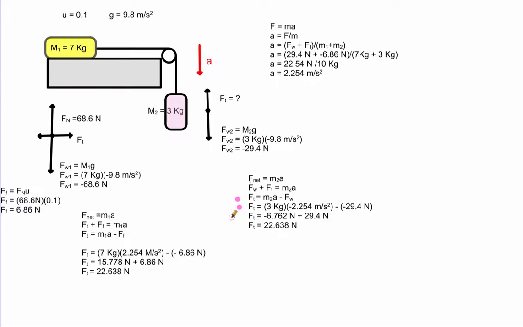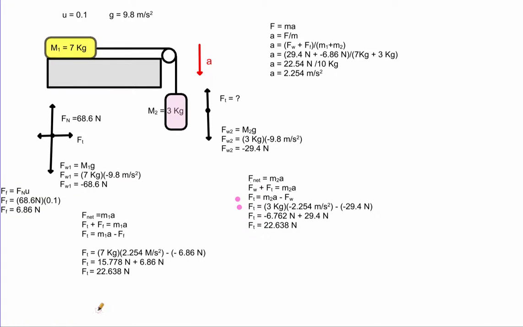Define one direction as positive, then the other direction as negative, and make sure that you are consistent. We chose down to be negative and up to be positive, so the acceleration of this body is negative and the weight of this body is negative. The tension therefore is positive because it's up.